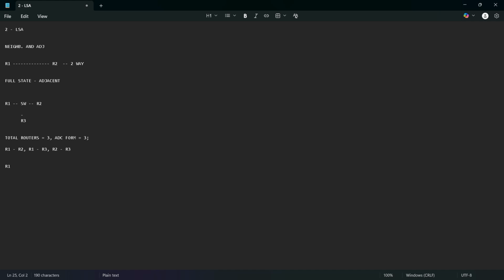Let me just name them: R1, R2, R3 and R4. The total routers for now is 4, and we'll discover how many adjacencies we are making.